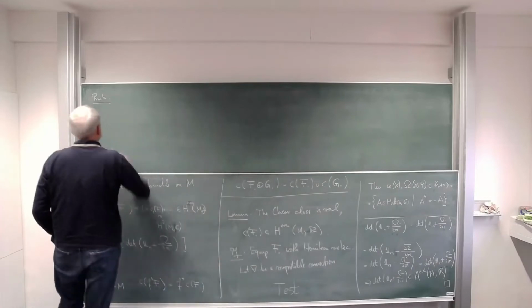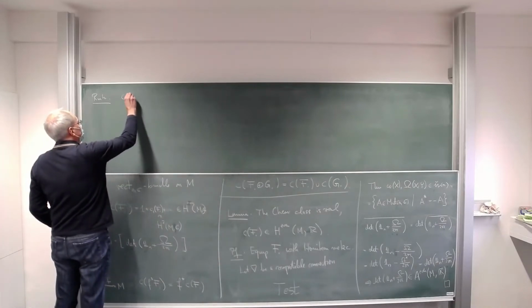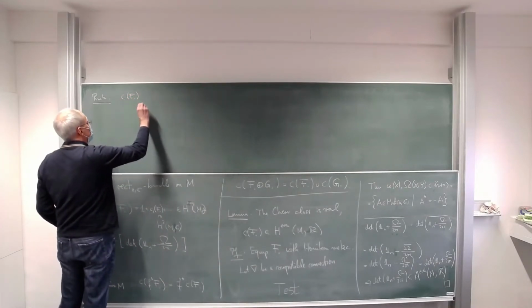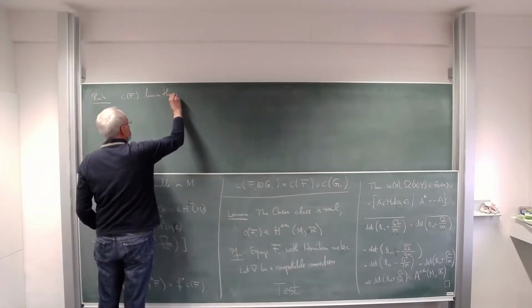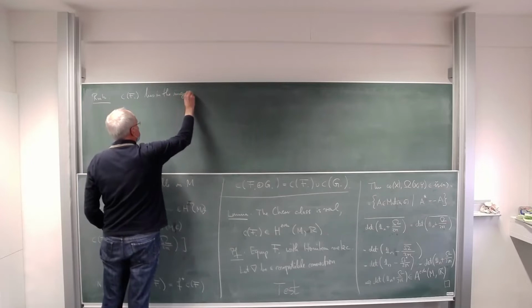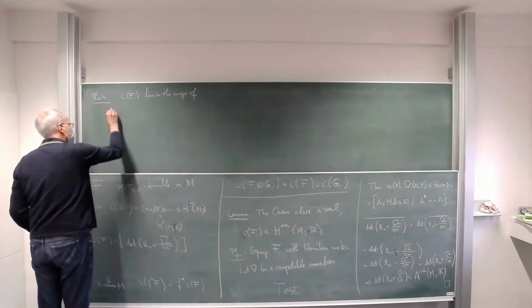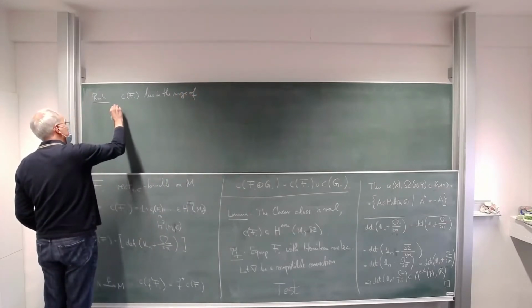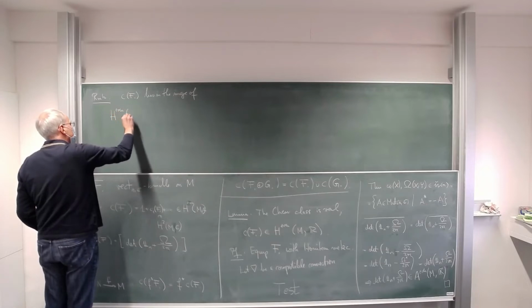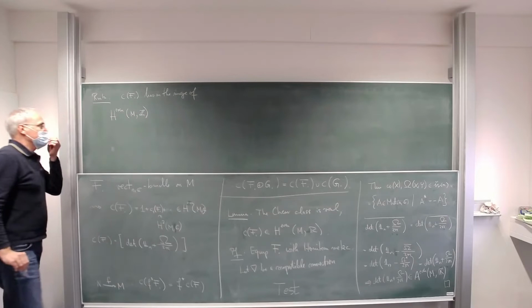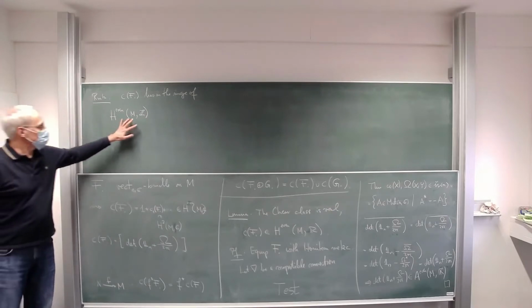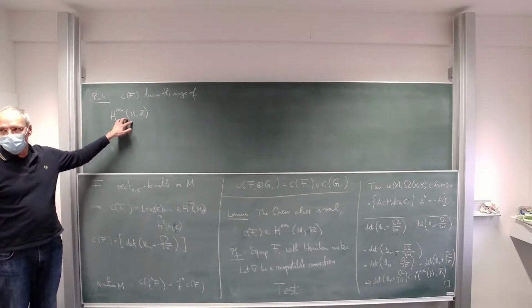And so the Chern class lies in the image of the integral cohomology, where this is not defined in terms of de Rham cohomology.